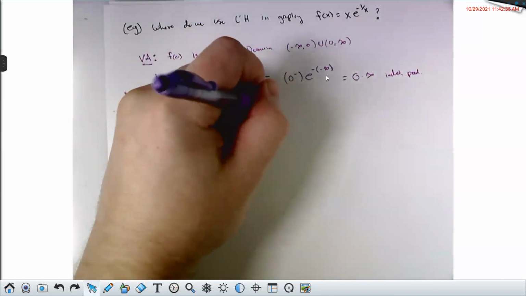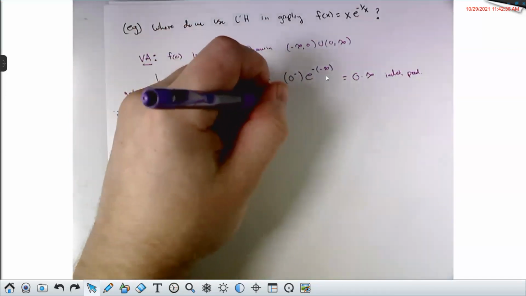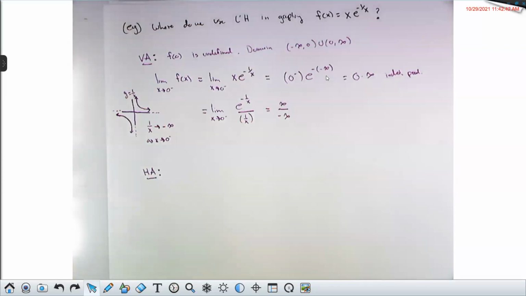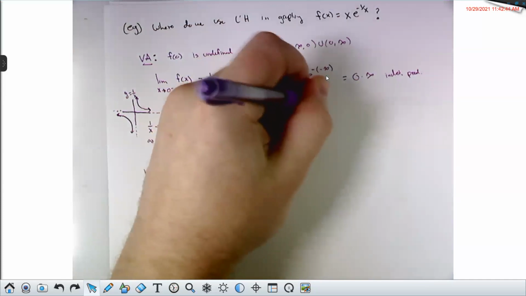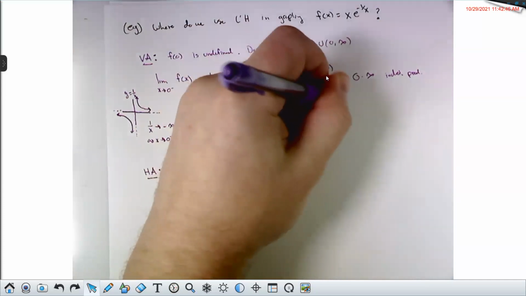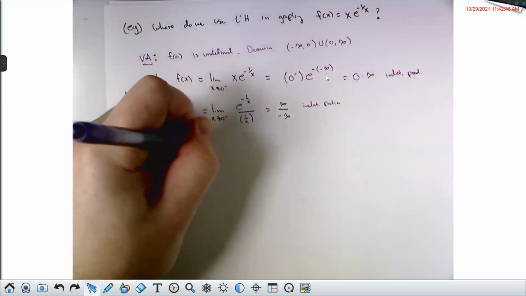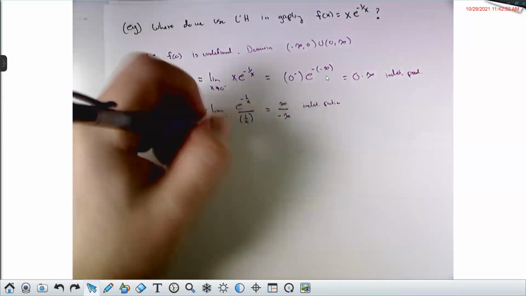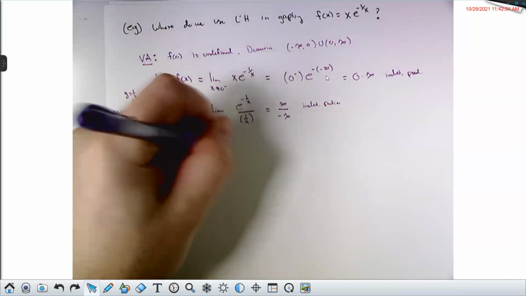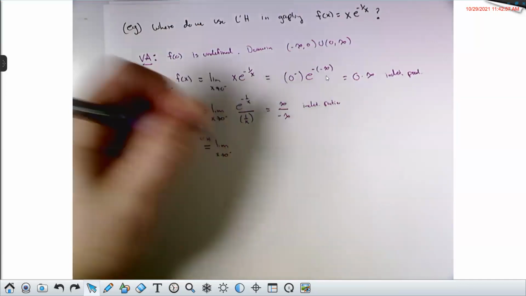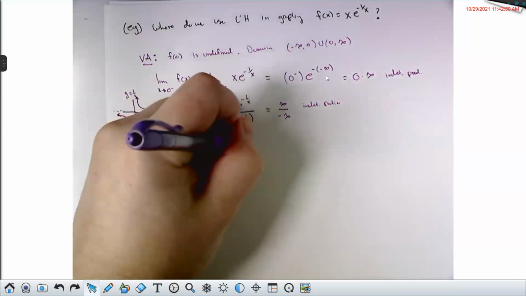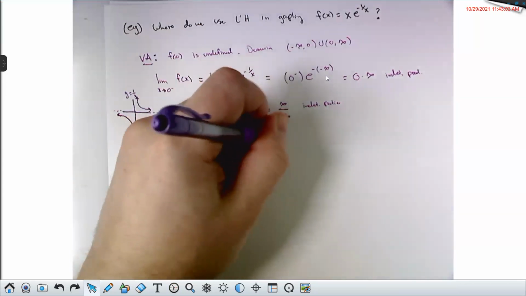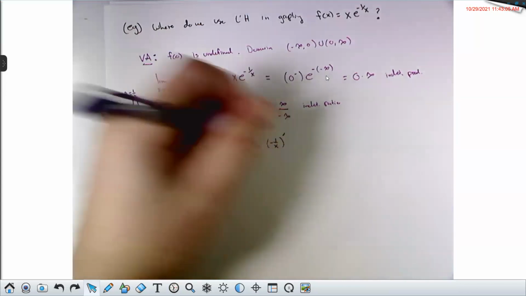So at a glance here, this is now positive infinity over negative infinity, which is an indeterminate ratio. So if I apply L'Hopital's rule, looks like I'm going to need more space to talk about horizontal asymptotes. If I apply L'Hopital's rule, the derivative of the top is e to the negative 1 over x times the derivative of negative 1 over x, which I'll just write as negative 1 over x prime.